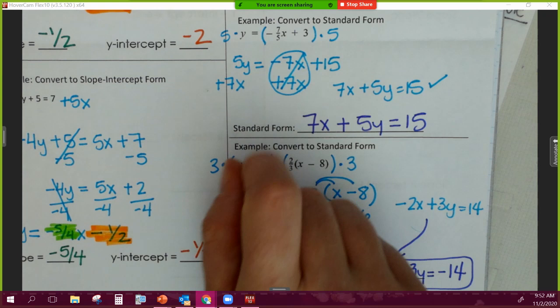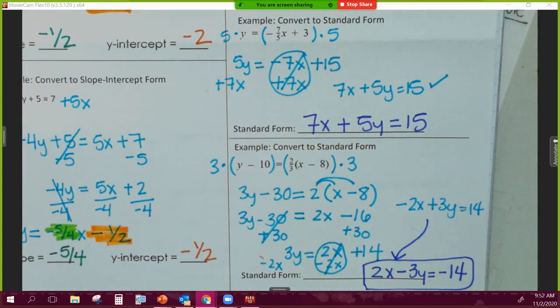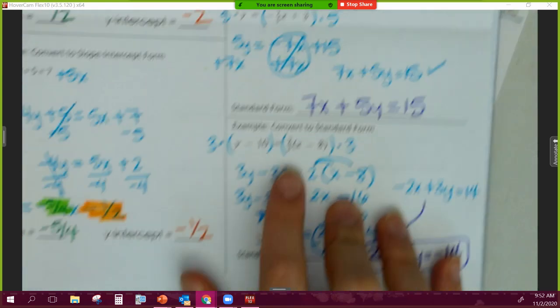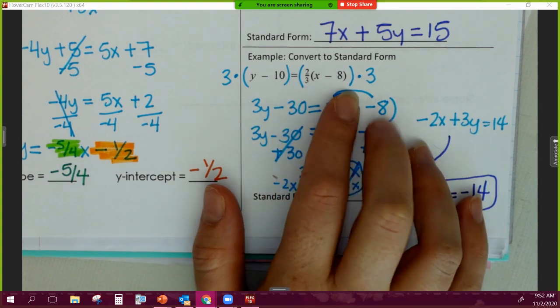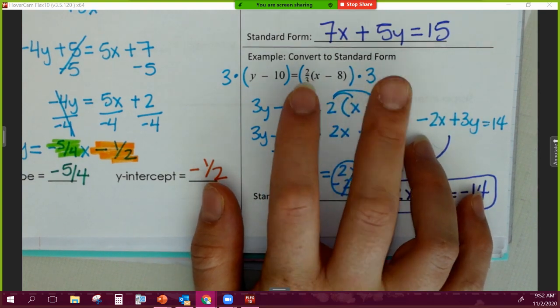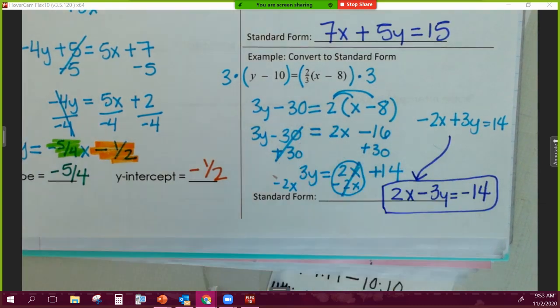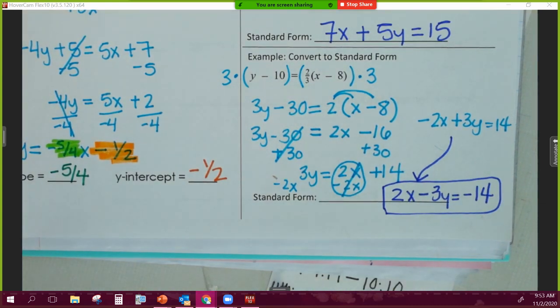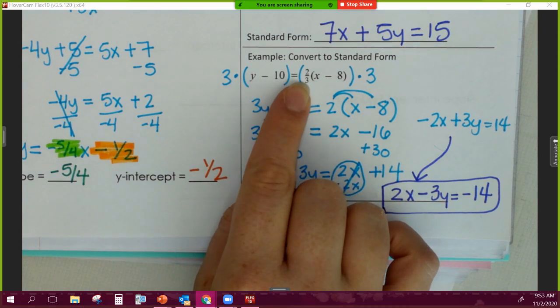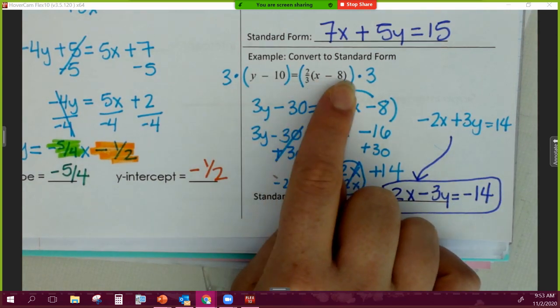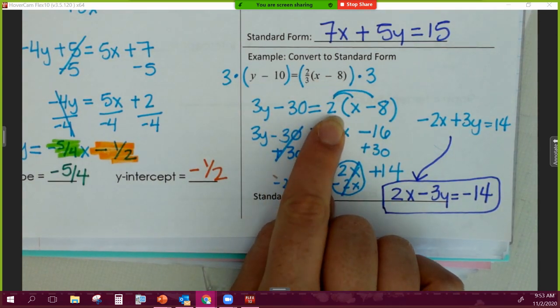And it's the same thing with the third one too? Yeah. So you have 2/3 multiplied by the denominator. That will cancel the 3 that's in the denominator, and you're just left with 2. Well, it was 2/3, and then you had x minus 8, so 2 became here, and then you distribute.